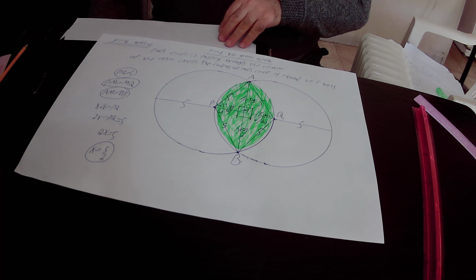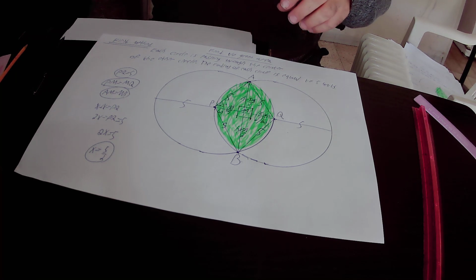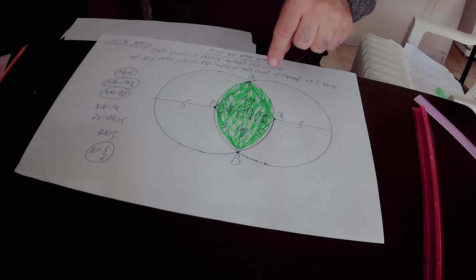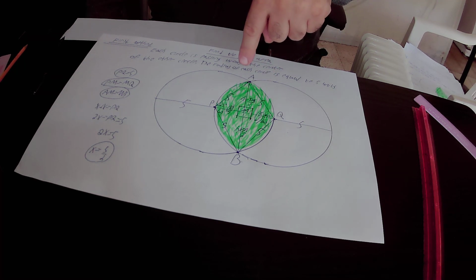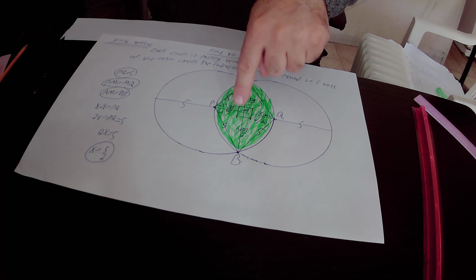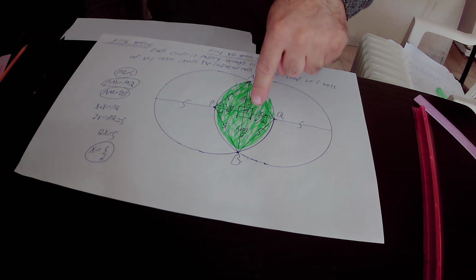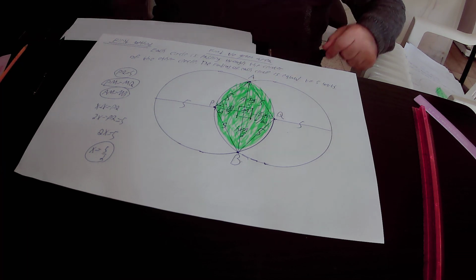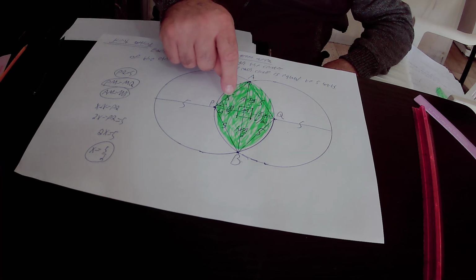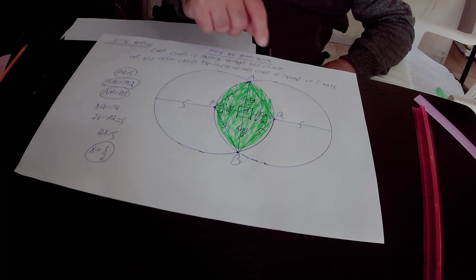In the next step we focused on the four right triangles, the right triangle AQM, the right triangle APM, the right triangle PBM, and the right triangle MBQ, and we focused on those four angles.